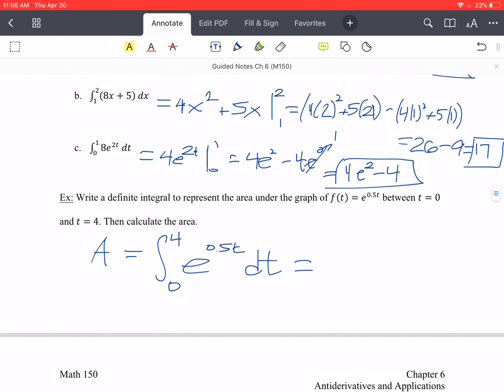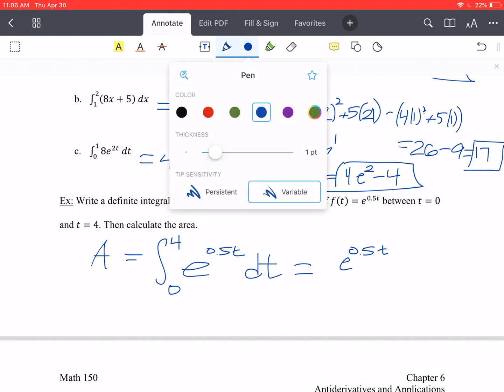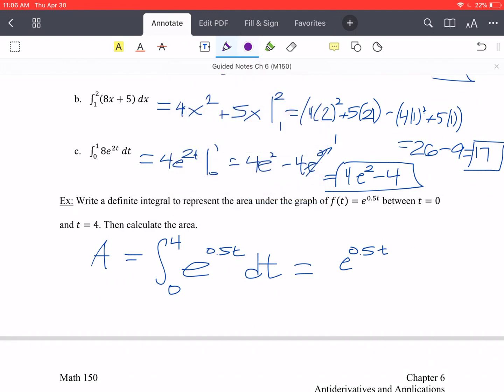And now, let's go ahead and take an antiderivative. So the antiderivative of e to the 0.5t is just going to be e to the 0.5t again. Now I'm going to do a couple of intermediate steps just to show you here, but then I'm just going to write the final version. This would be over 0.5, right, to balance out that power there.